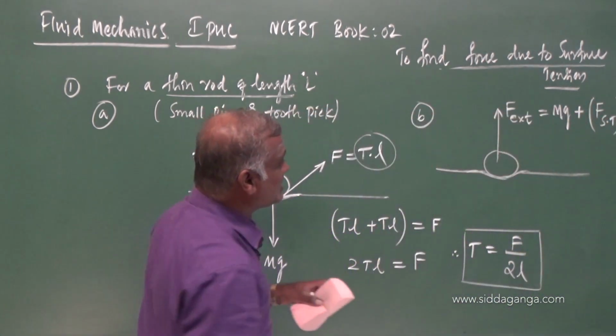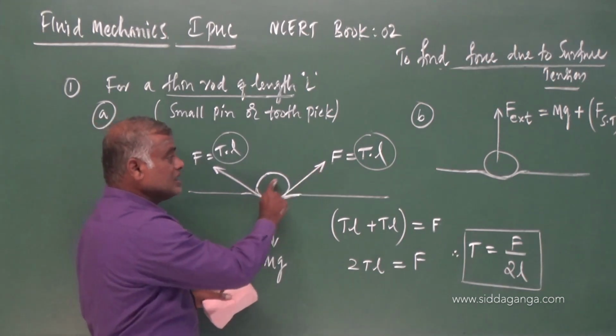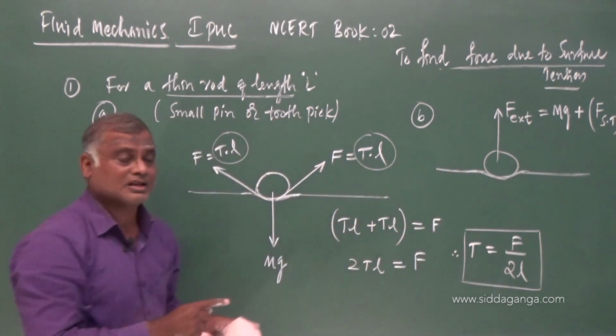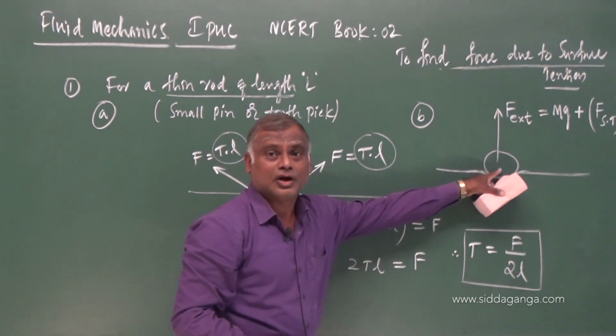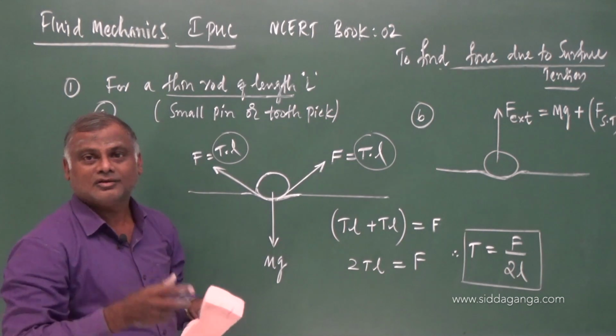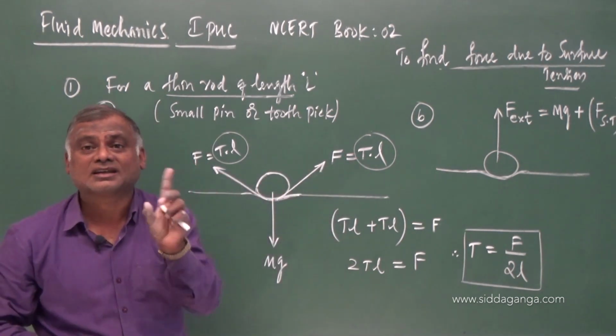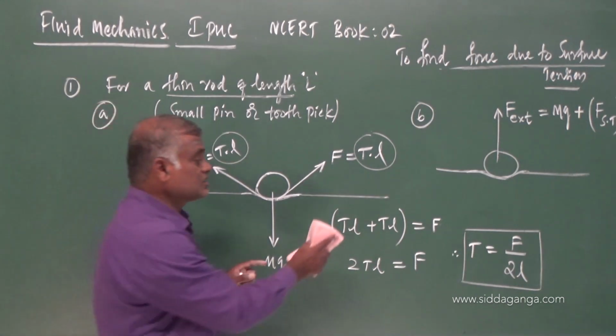Now can you say that the force due to surface tension acts in the same fashion as in the second diagram? In the second diagram, do you expect the same nature of force? No. Type of force will be the same, but the direction of that surface tension force will change, my dear students.